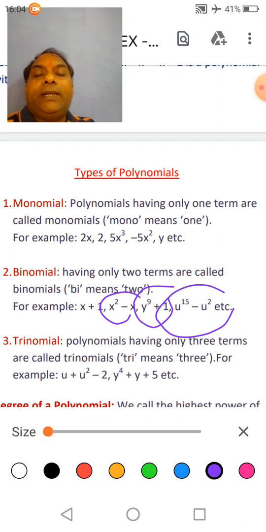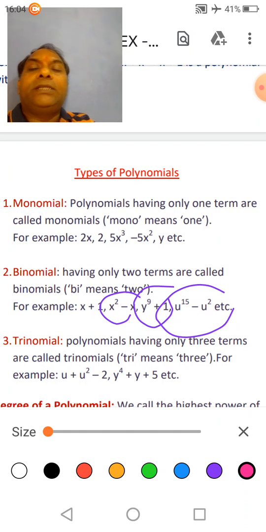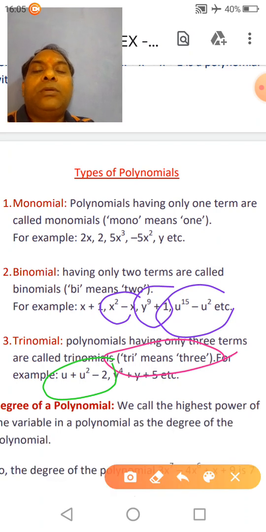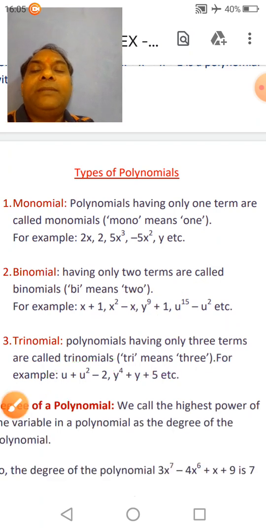Next, trinomial. In case of trinomial, polynomials having only three terms are called trinomials. Tri means three. So for example, u plus u square minus 2 has three terms, so it is a trinomial.